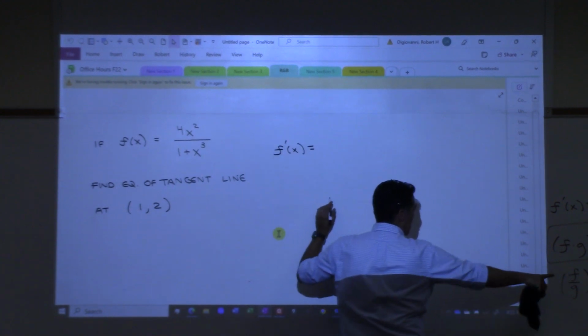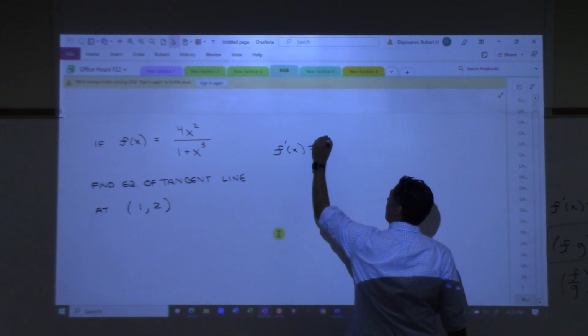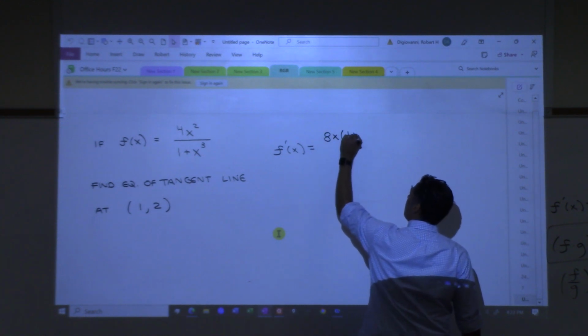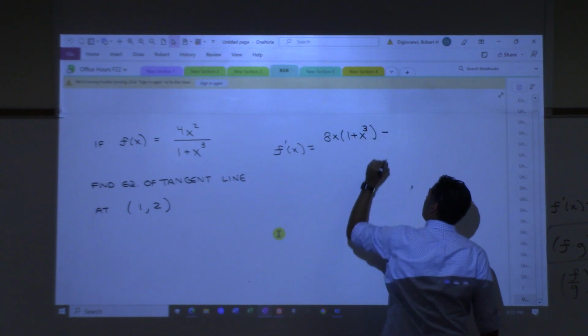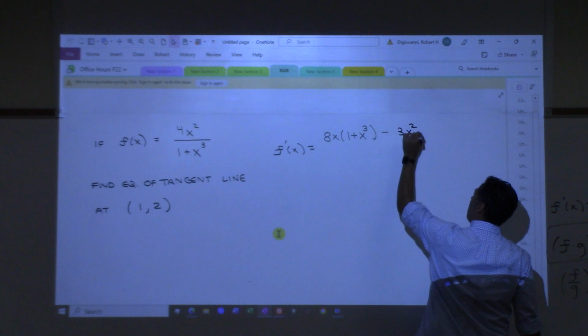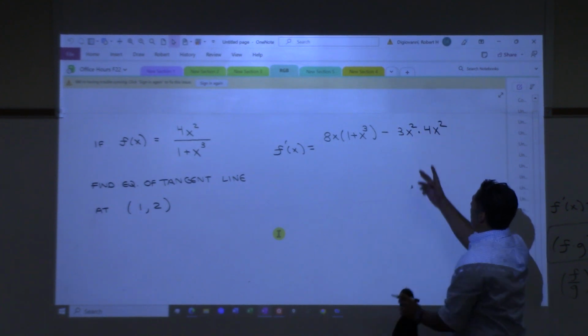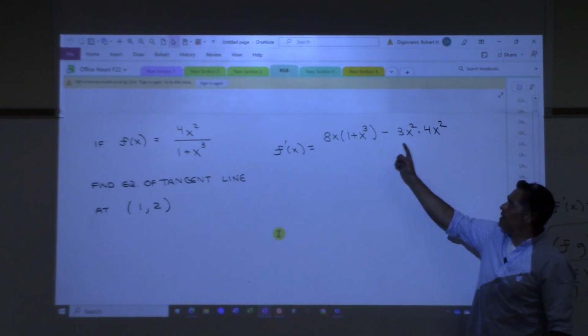So the derivative of this is, and I'm going to follow my formula, the derivative of the top. What's the derivative of the top? 8x times the bottom, minus now the derivative of the bottom, 3x squared times the top, right? Notice I did not use parentheses here, but I did use them here.